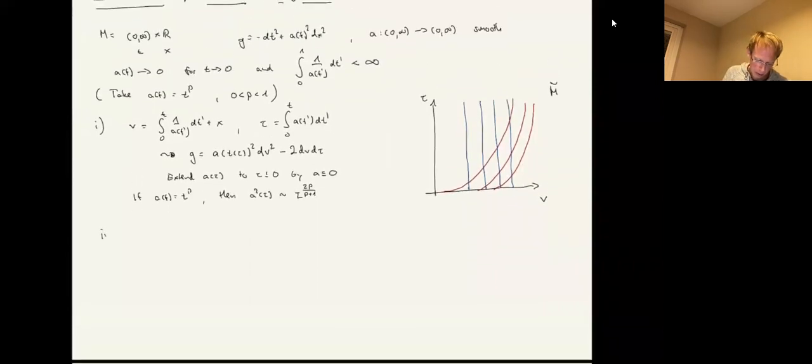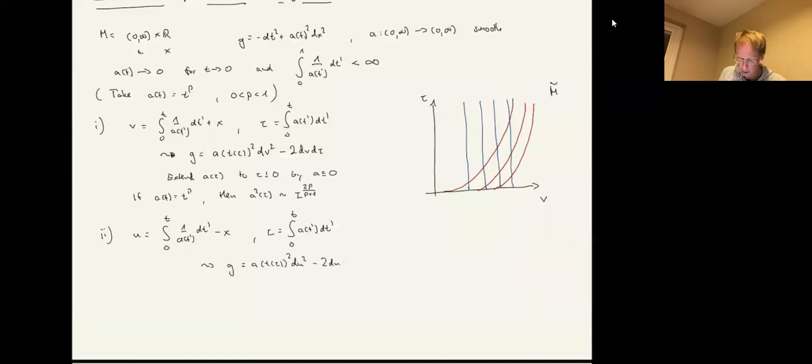And the second one I construct analogously by straightening out the left-going null geodesics, and so I introduce these coordinates u and tau as before. Yeah, and the metric takes also the same form as before, just u and v interchanged.